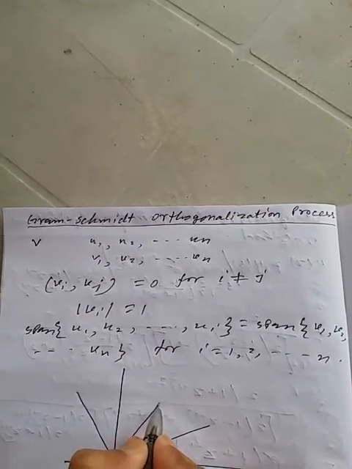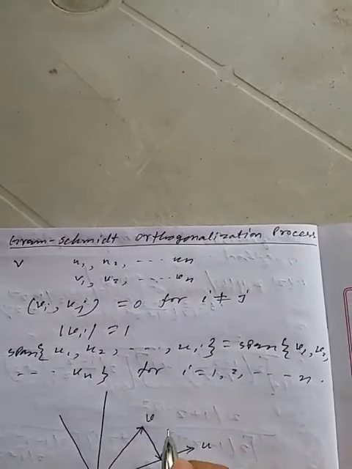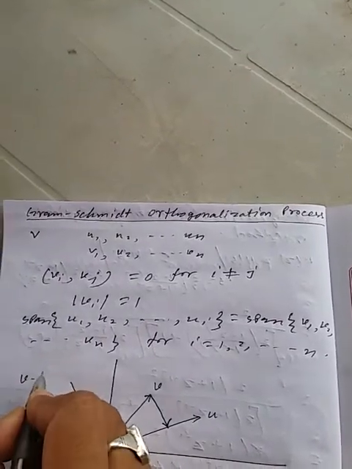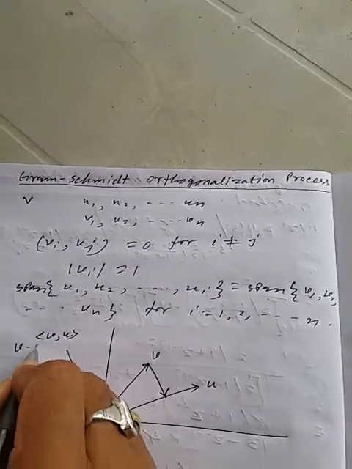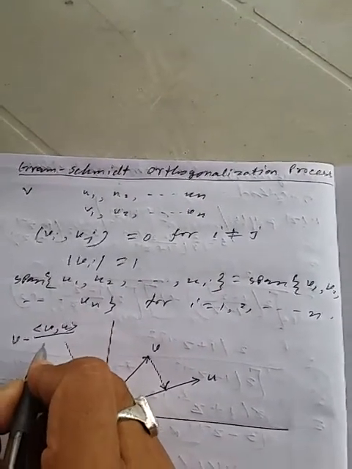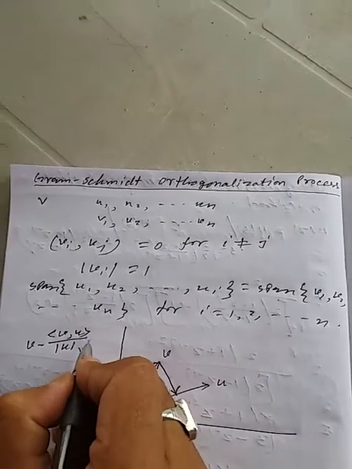In vector form it looks like this. Suppose this is u and this is the vector v. Here will be a vector v minus the inner product of v and u divided by mod of u, into u.